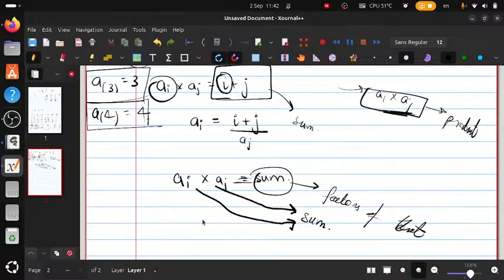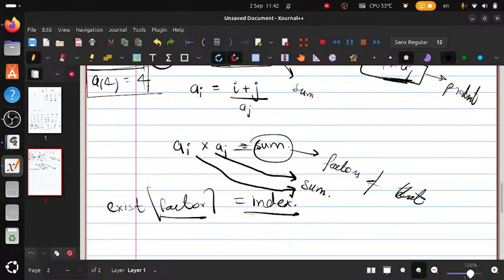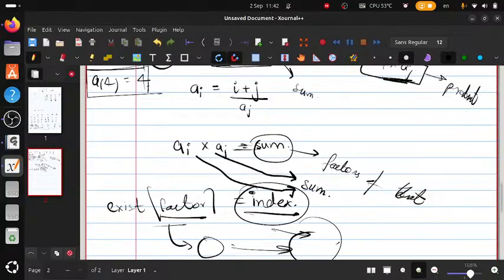So how are we supposed to do that exactly? We're going to say a particular factor exists at this index. If a factor exists at this index, we can check the other index and the existing factor, and we can sum them and check if that sum is actually equal to the sum itself, right?